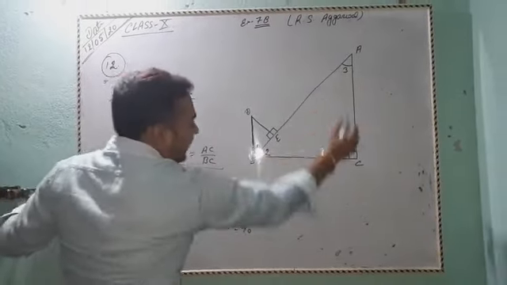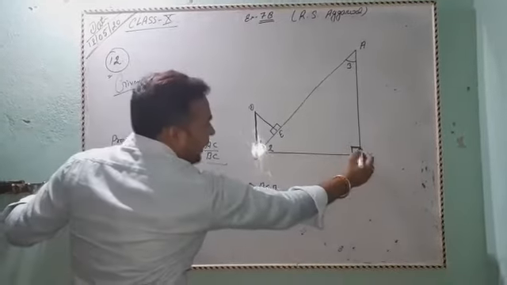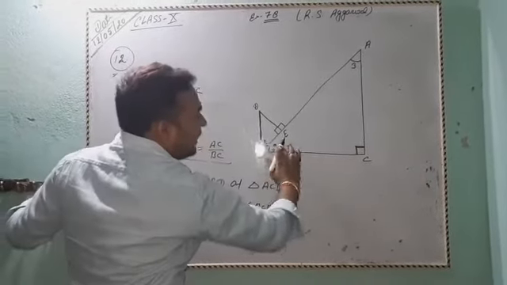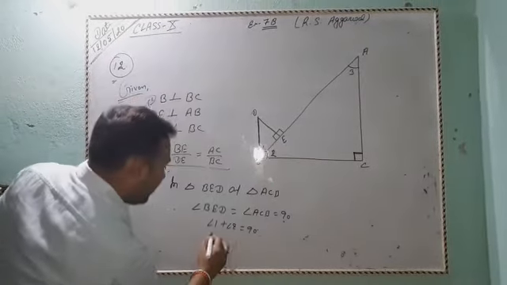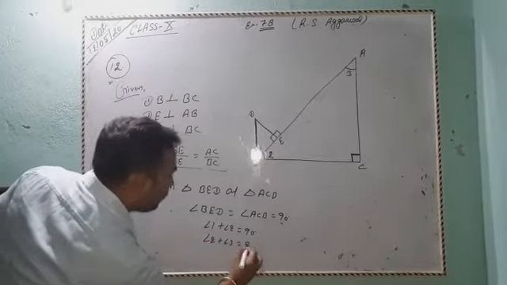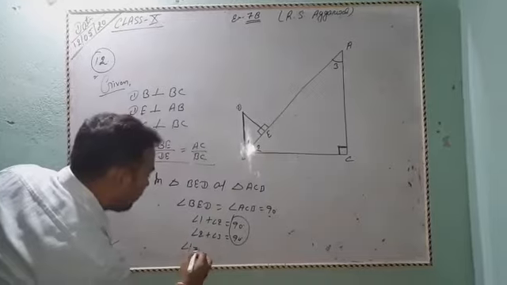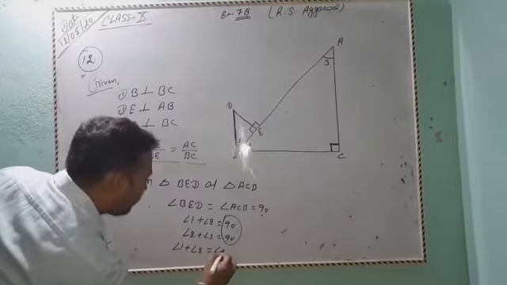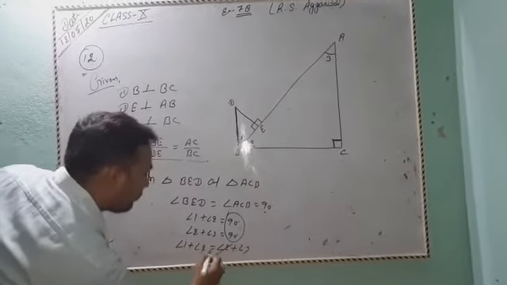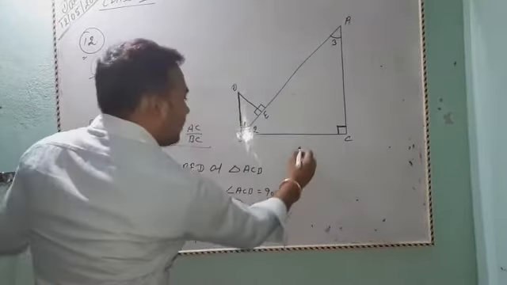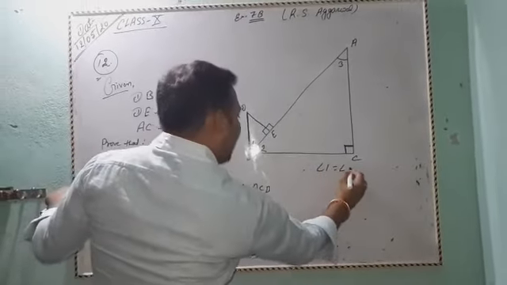In triangle ACB, angle C is 90 degree, then we say that angle 2 plus angle 3 equal to 90 degree. So RHS is equal, then LHS is also equal. Angle 1 plus angle 2 equal to angle 2 plus angle 3. Angle 2 is cancelled, then we write that angle 1 equal to angle 3.